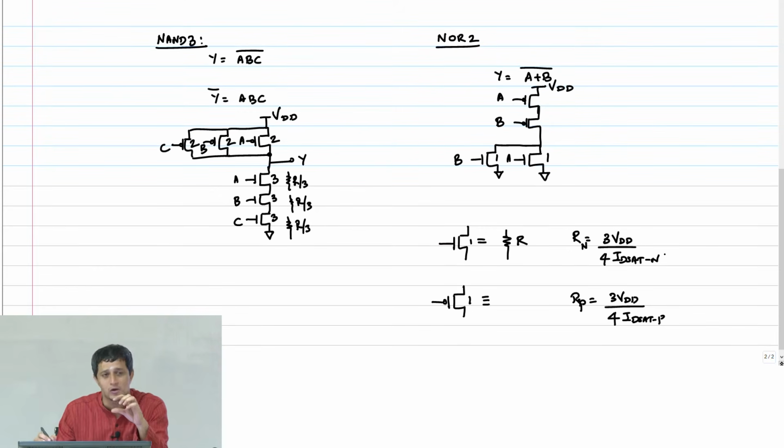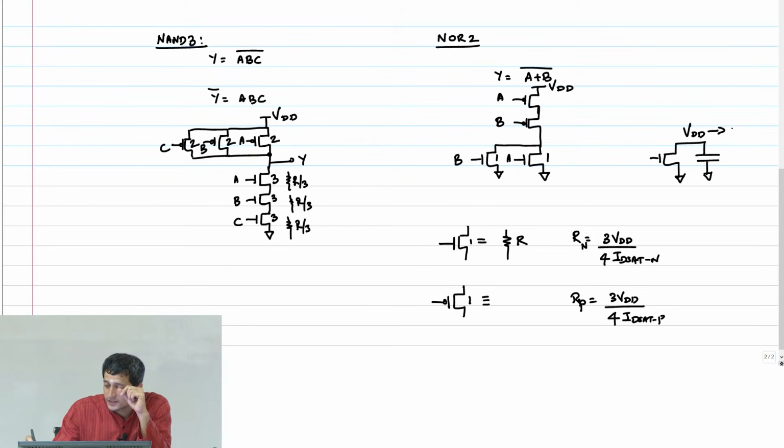So how did we evaluate the resistance for an NMOS transistor? We said that a capacitor was charged to VDD and this discharged to VDD by 2, right, and this went up instantaneously. What is the equivalent for the PMOS transistor?